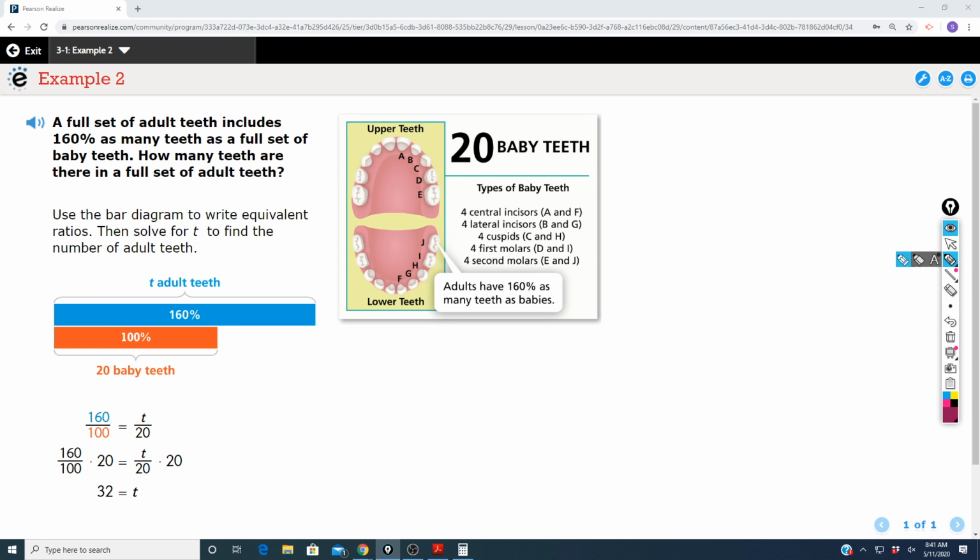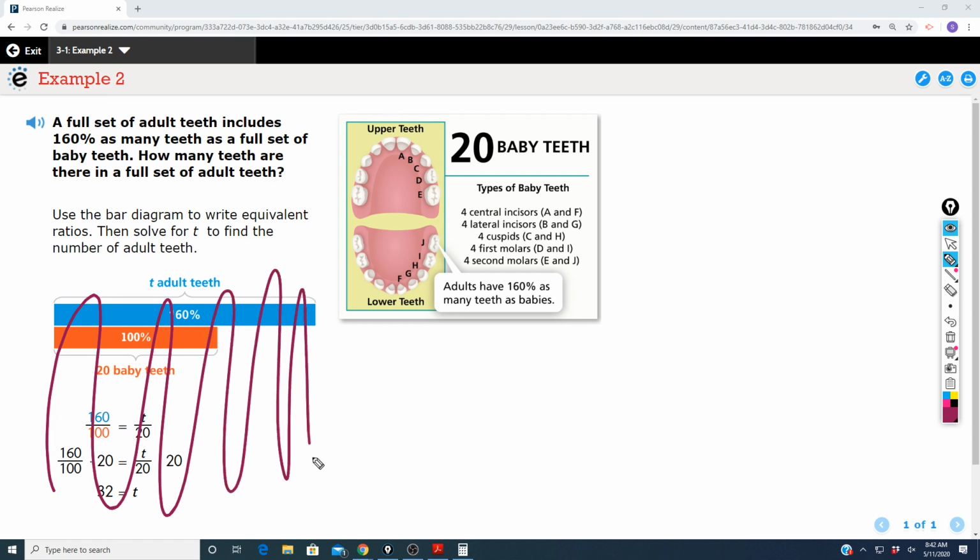So in a full set of adult teeth, say you did not know this. Say you didn't see this. If it makes somewhat sense, that's totally fine for the scenario we're in right now.